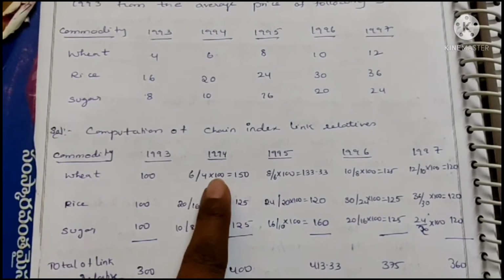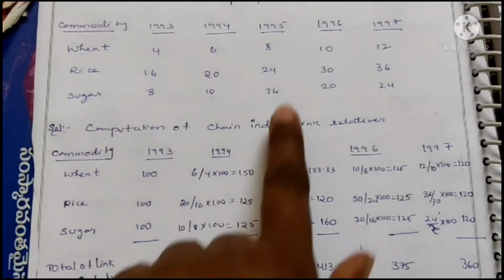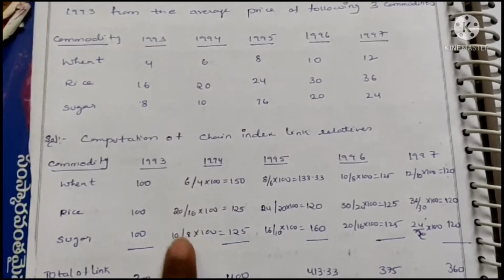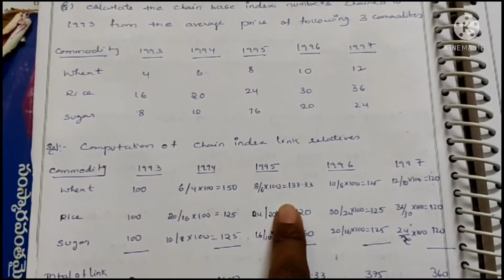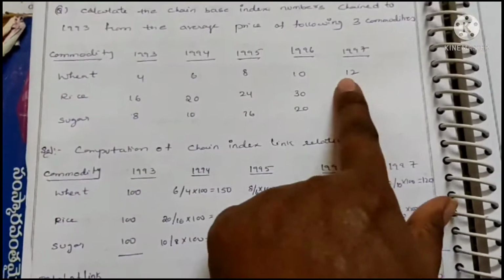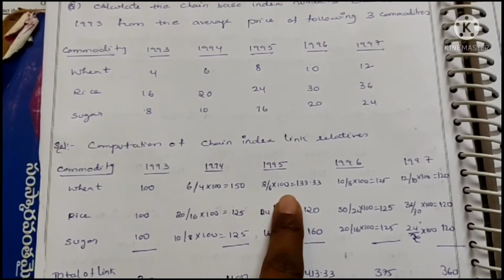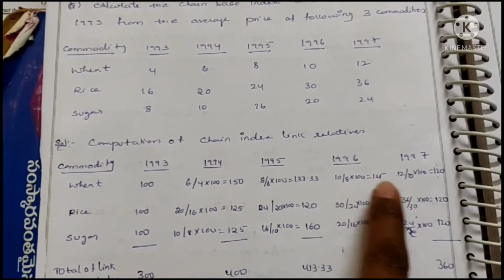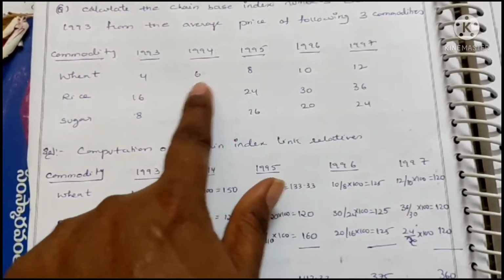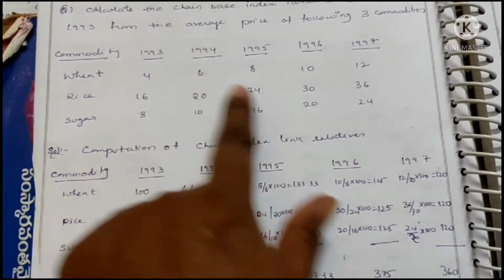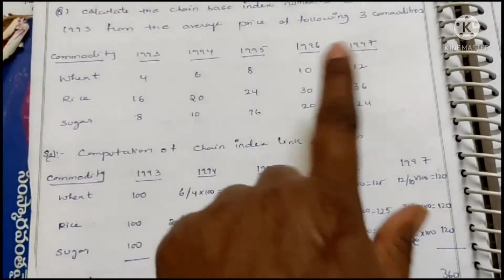So 6 divided by 4 into 100 is equal to 150. Next, 8 divided by 6 into 100, 10 divided by 8 into 100, 12 divided by 10 into 100. We are calculating wheat first.